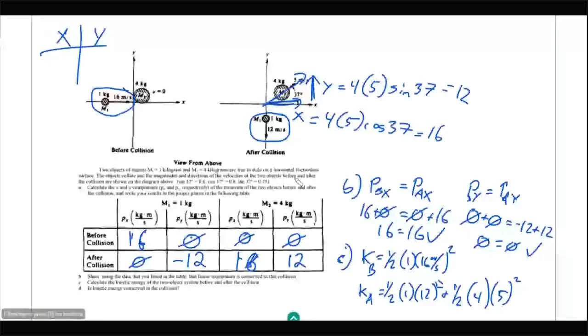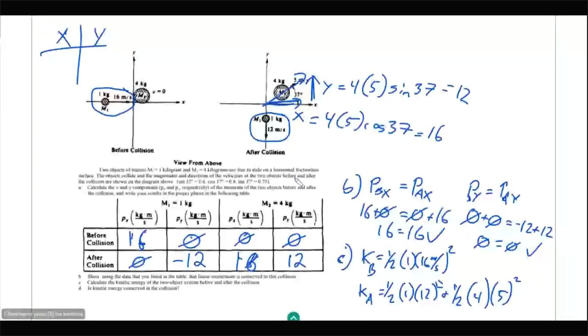In this case, let me crunch the numbers here. 1/2 of 12 squared is 144. So we're doing 144 plus, let's see, 0.5 times 144 plus 0.5 times numbers. 25 times 4 is 100, so 100.